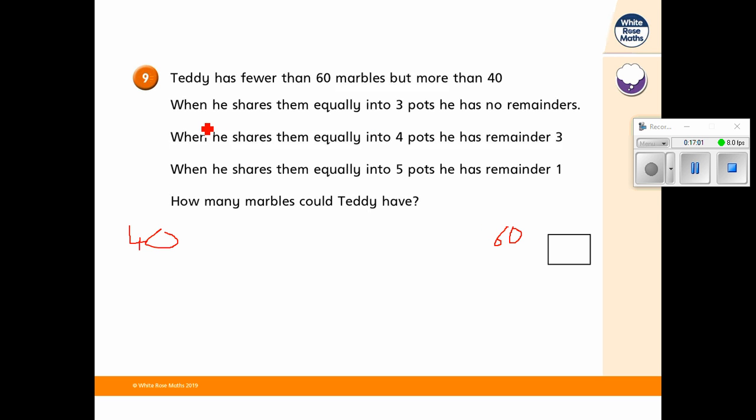So when he shares them into 3 pots, 40 is not in the 3 times table, neither is 41, but 42 is. So what we'll do is put down all the multiples of 3 between those 2 numbers.